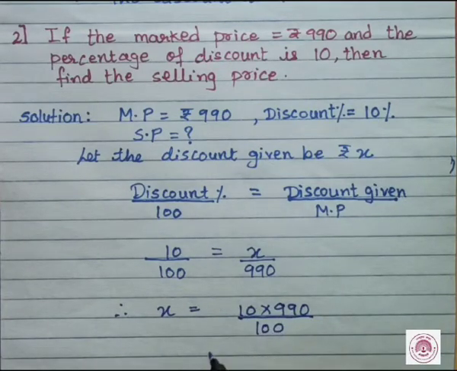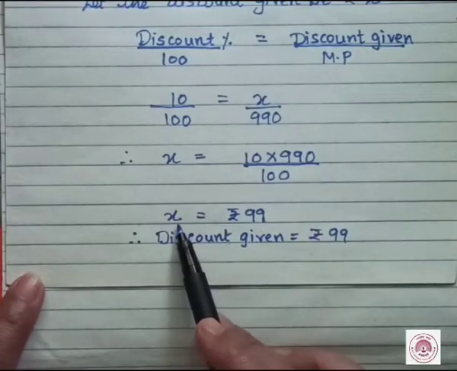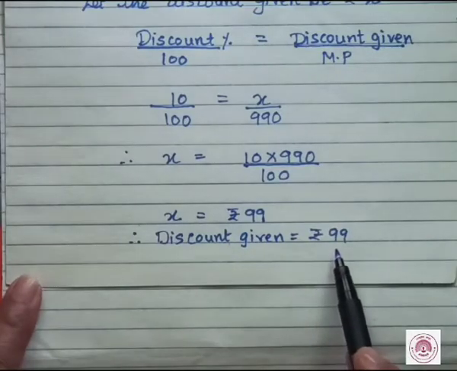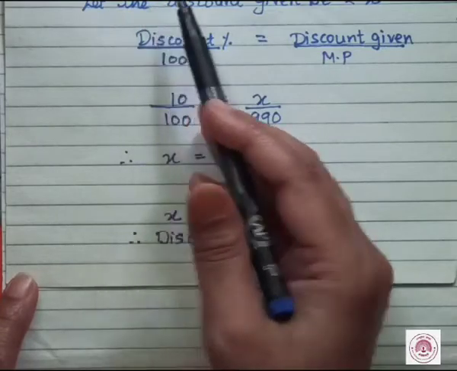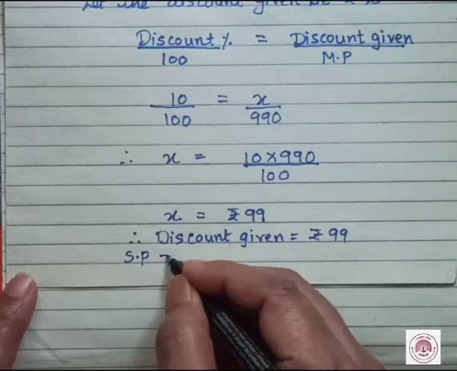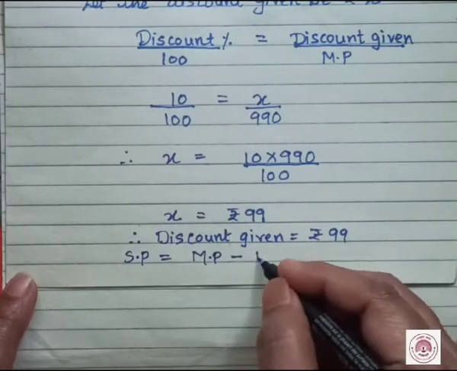So after calculation we will get X is equal to rupees 99. Now what is X? X is discount given. So discount given is equal to rupees 99. We are asked to find the selling price. So what is the formula for selling price? Selling price is equal to marked price minus discount.